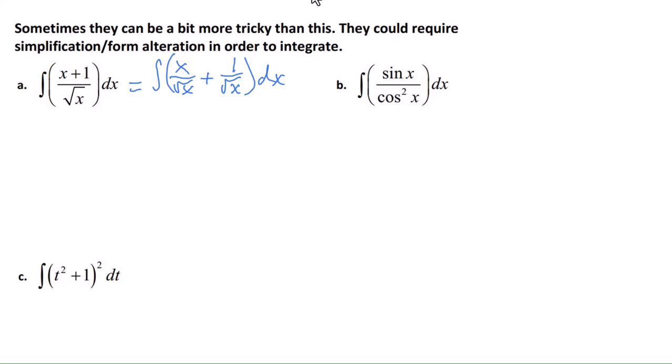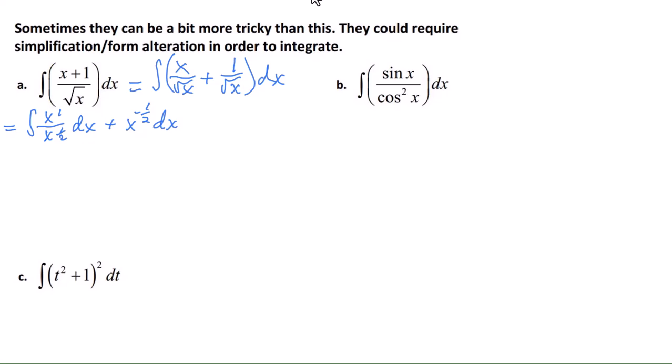And then I'm looking at the first part there. That still looks like a quotient, so I'm going to rewrite it a little bit. Now the second term inside the integral is pretty easy to rewrite as a power, x to the negative 1/2 power. That first one, though, I've got x to the first power divided by x to the 1/2 power.